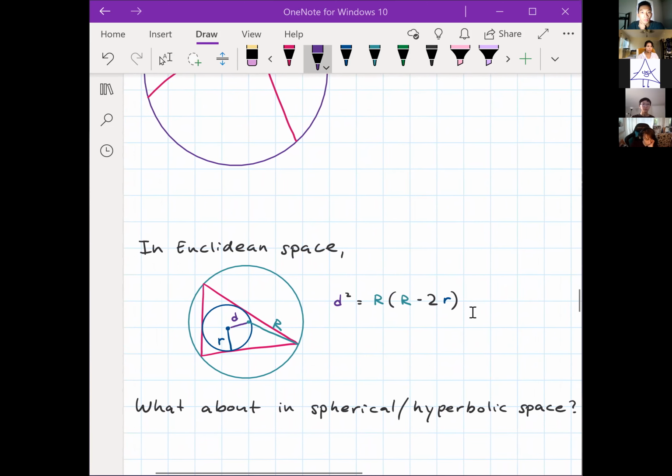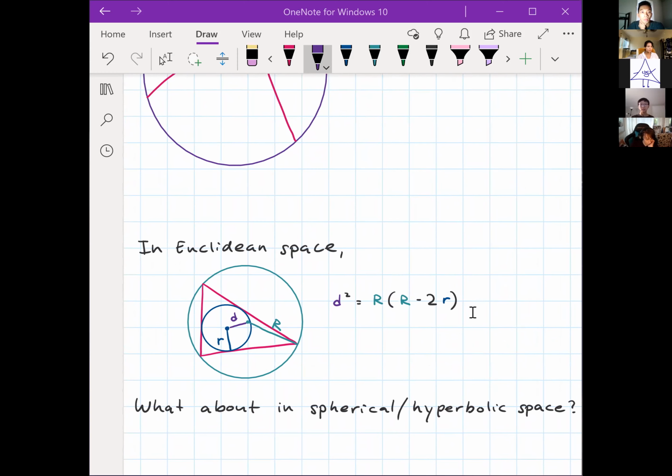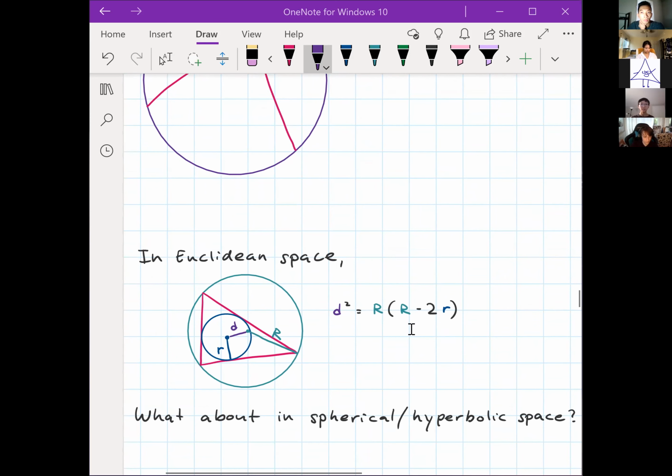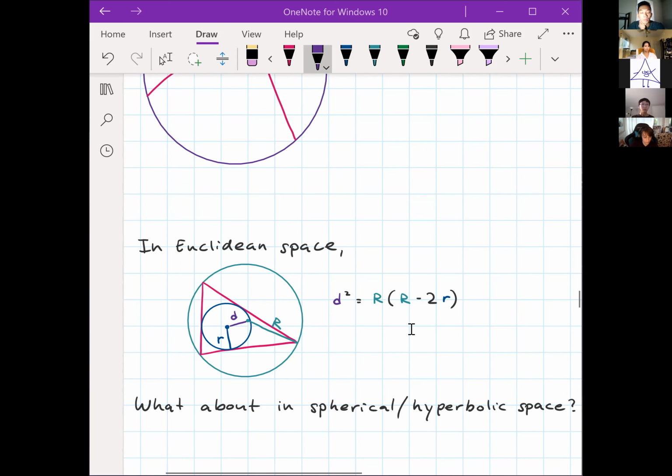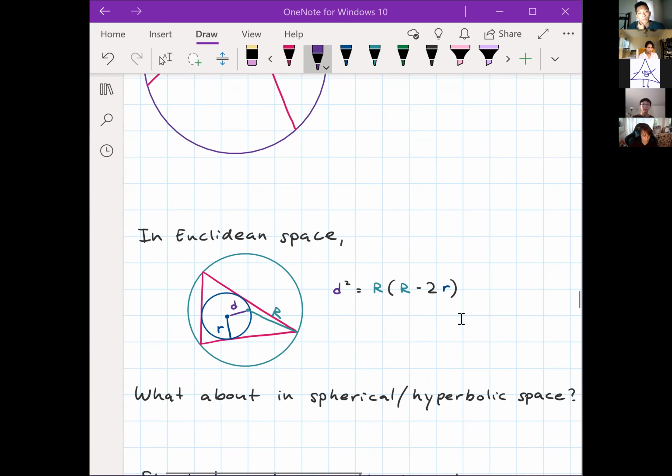For spherical and hyperbolic triangles, is there a generalization of this formula? So it turns out if you just apply this formula as it is in spherical and hyperbolic triangles, it doesn't hold. So what I was trying to do in my RU was find a more general version of this that holds in spaces of positive or negative curvature.